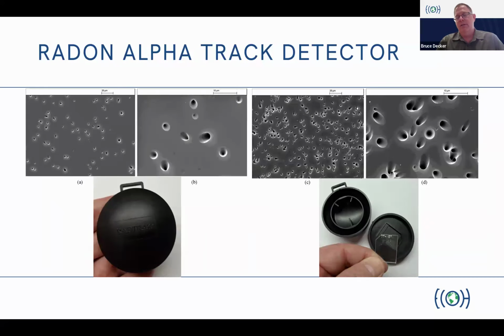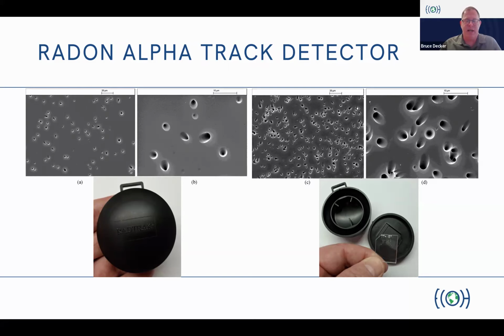So the one technology that we use mostly is an alpha track detector, and we've talked about alpha radiation being the issue. What an alpha track detector consists of is basically 3 pieces of plastic. There's a housing, and the ambient air diffuses into that housing, and in goes the radon with it. Inside it is a plastic film or foil, similar to the materials that your glasses are made out of.